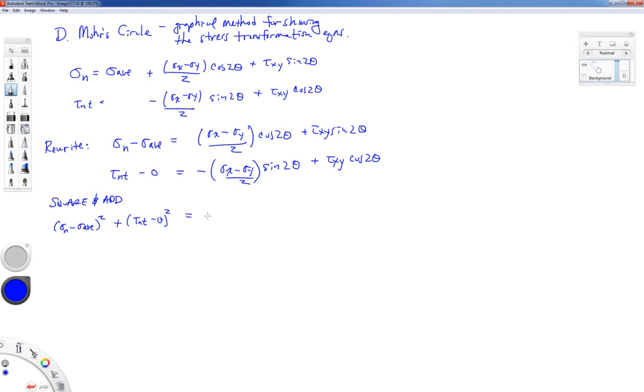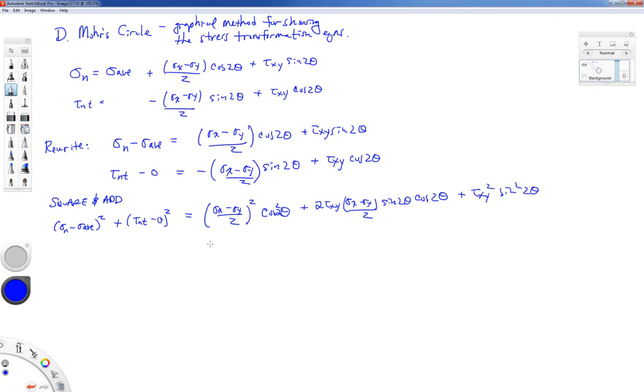And then over here, I'm going to lead off with the term sigma x minus sigma y over 2, quantity squared, cosine squared 2 theta, plus I'll have the cross term. I'll have 2 tau xy, sigma x minus sigma y over 2, times sine 2 theta and cosine 2 theta. I will have as my last term tau xy squared sine squared 2 theta.